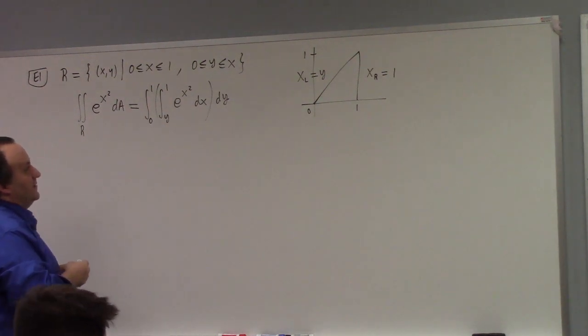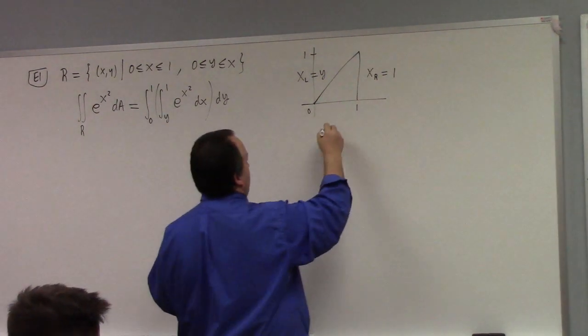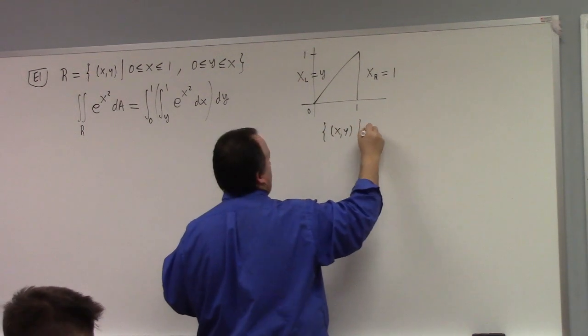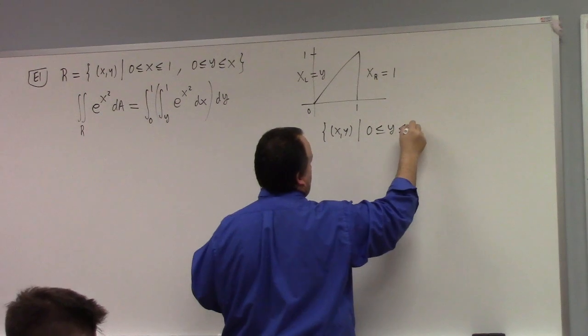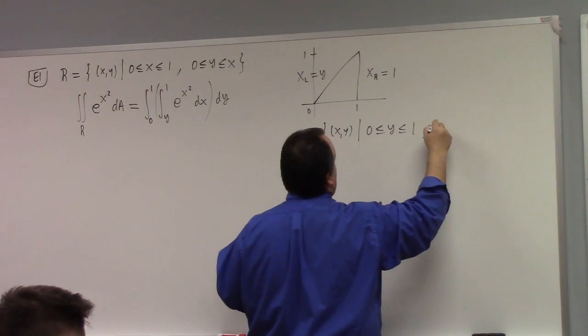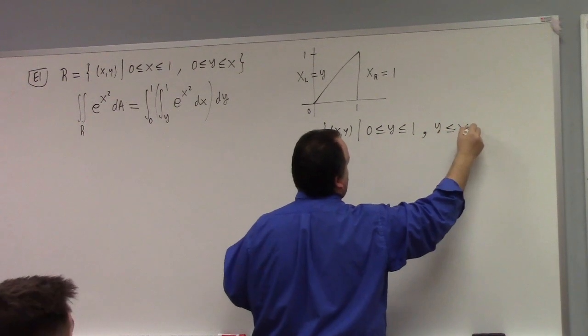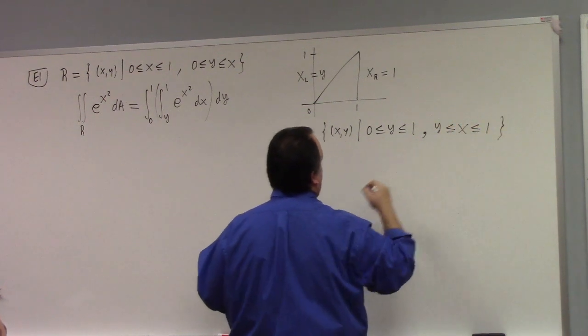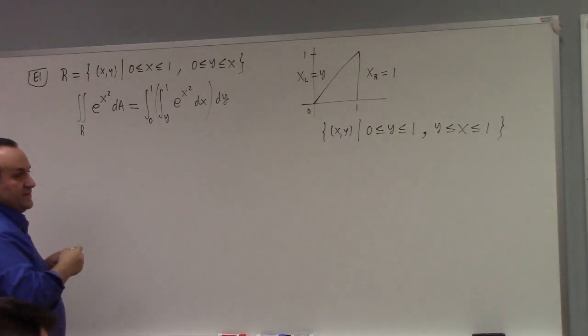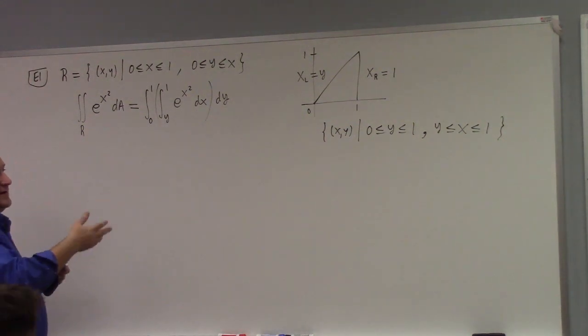So I'm setting it up in this sense, like it's x comma y, such that 0 is less than or equal to y less than or equal to 1, and y is less than or equal to x less than or equal to 1. Does it make sense that you could set it up either way?